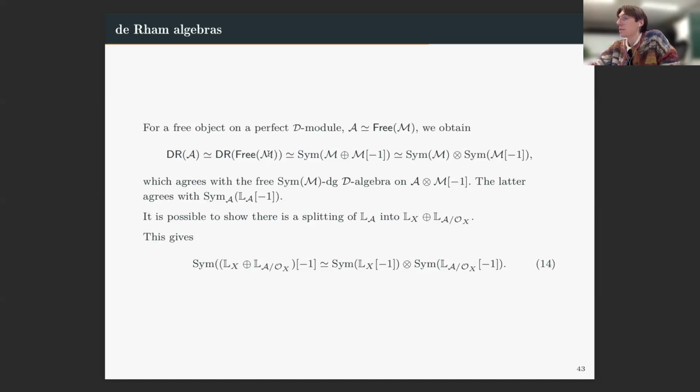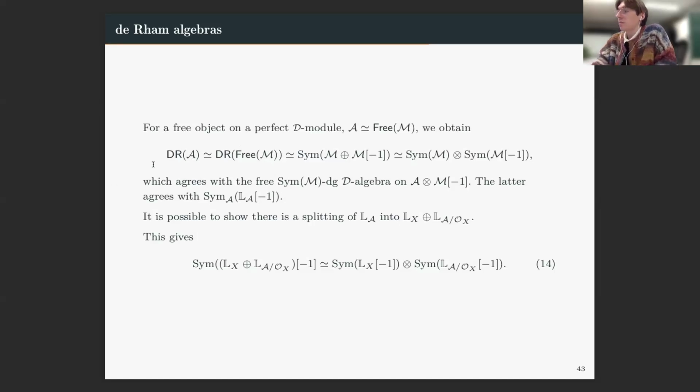So in a homotopy sense, a compact D-module is a perfect complex of D-modules. Okay, so in this specific case, this de Rham algebra construction agrees with what we did for the usual differential graded setting for derived K-algebras, not D-algebras. So we shift by one, and we take the symmetric algebra.